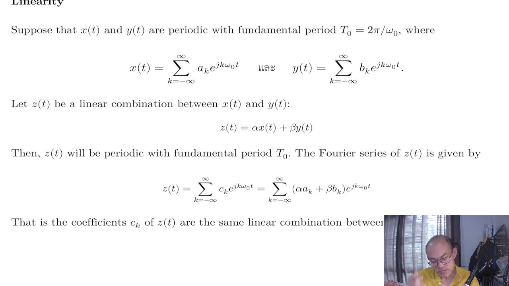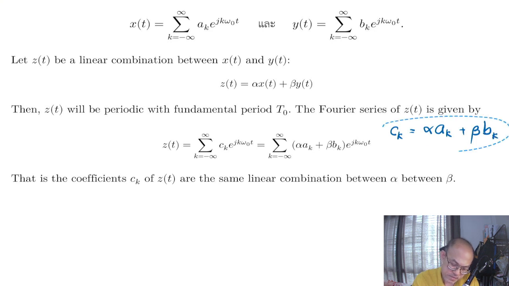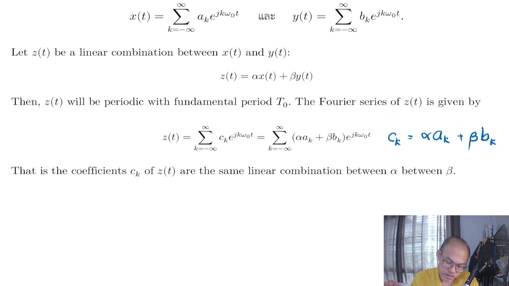So when you add two signals together, the Fourier series coefficients of the result will be the Fourier series coefficients of each of the terms added together. So in other words, ck of z is the same linear combination between ak and bk.